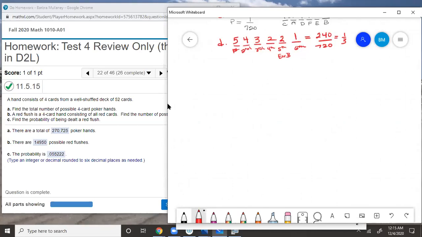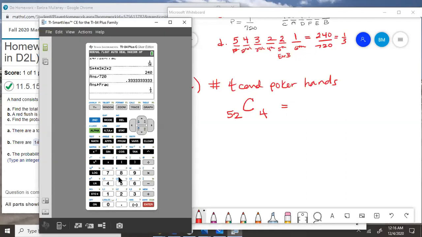For part A, the number of 4-card poker hands is a combination of 52 cards taken 4 at a time. So we could put that on our calculator. We go to 52, then math, prob, nCr, which is number 3, hit enter.